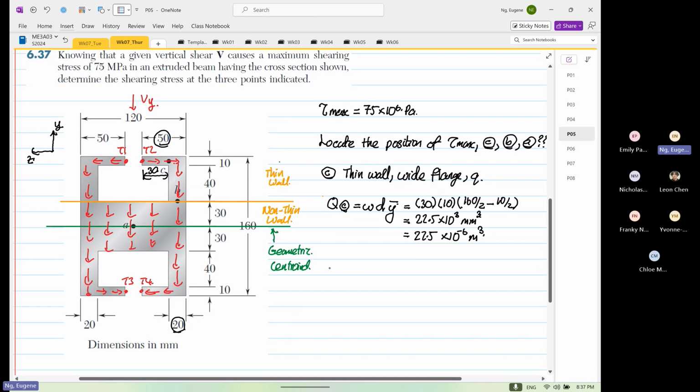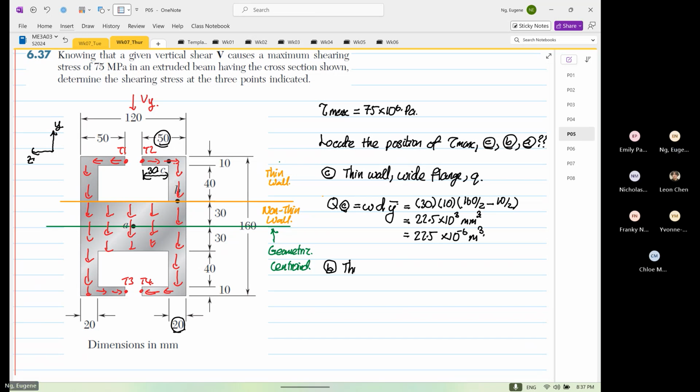And at point B, it's also thin wall, wide flange. Before we consider that, okay, let's calculate our Q over T ratio at point C, right? I missed that. So it's 22.5 times 10 to the power minus 6 divided by our thickness.